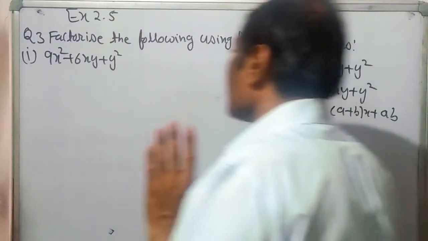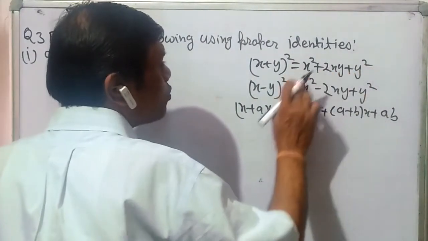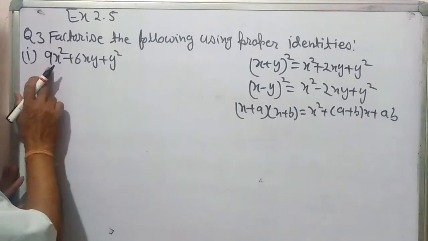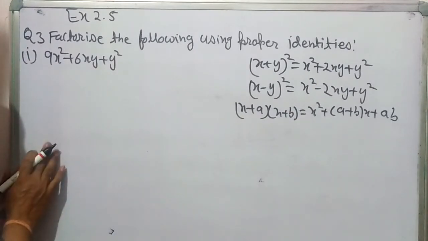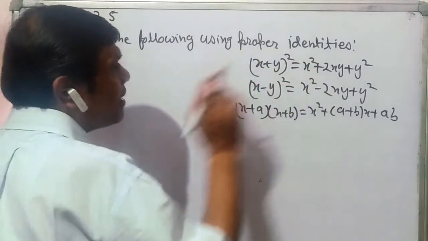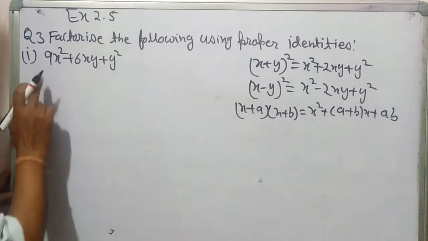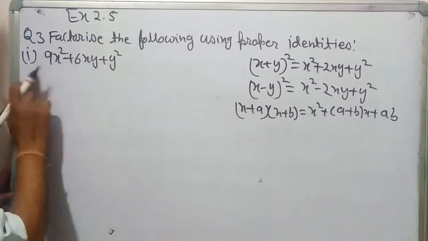Out of these, these 2 identities have 2 whole squares, which we are having here, 9x square and y square. Next we judge that all the signs are positive, so the first identity will be best suited. So how will we write this out? We will convert them into squares.